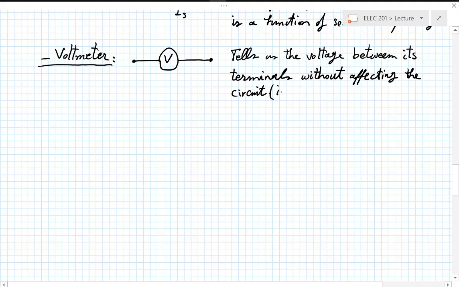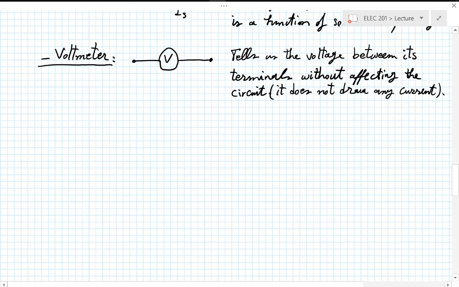In other words, it does not draw any current. Its existence on the circuit does not change anything to the values of voltages and current in the circuit. It's giving you a set of eyes that can read voltages. That's all. Okay?